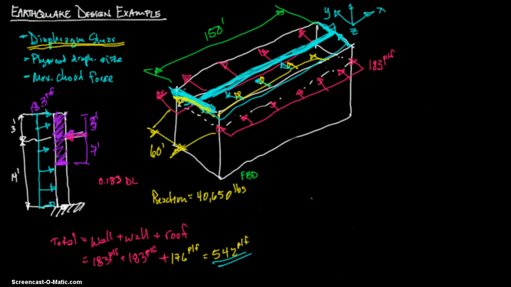And now remember how I said, since it's coming down like that, it's divided along that entire length of that 60-foot wall. So we want to take 4,650 pounds and divide it by that 60 foot.